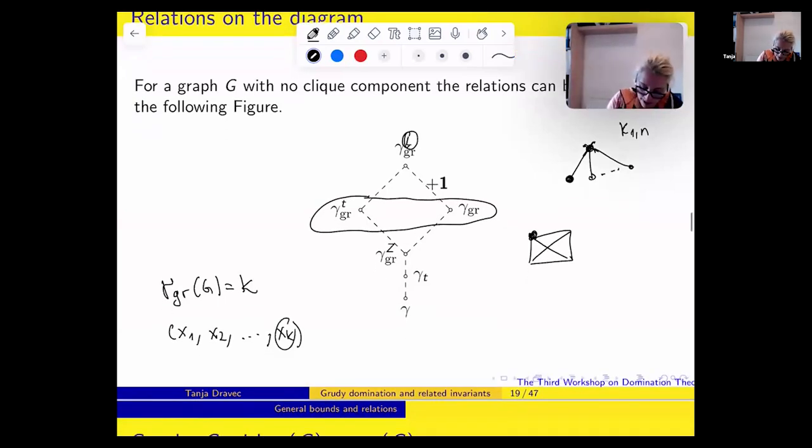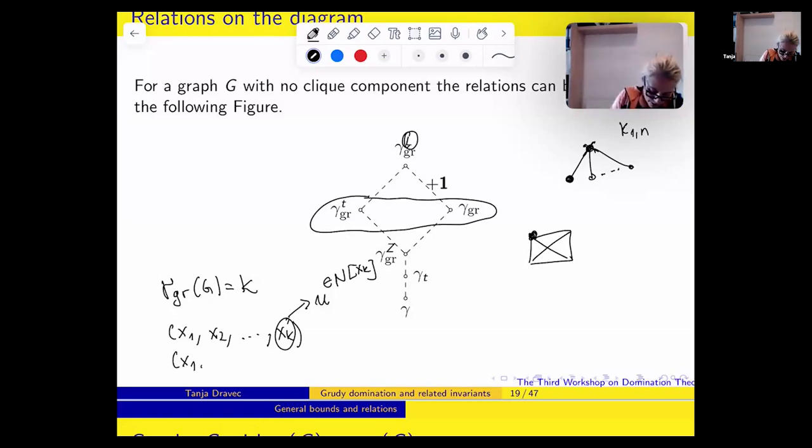Because xk was in the sequence, by the definition, this vertex footprinted something. So there is a vertex u in the closed neighborhood of xk, and u can be equal to xk. So there exists such a vertex u, which was not dominated by the previous vertices of the sequence. So u is the vertex that is footprinted by xk. Okay, so xk dominates u, but u was not dominated earlier. But now, what can I do?